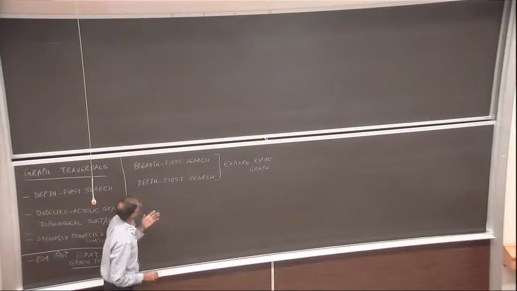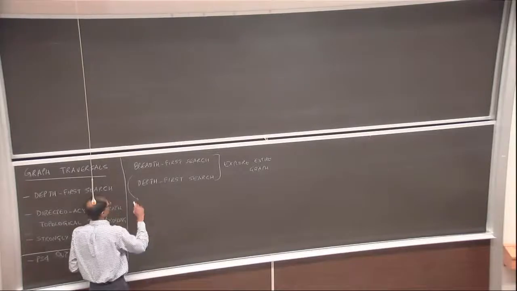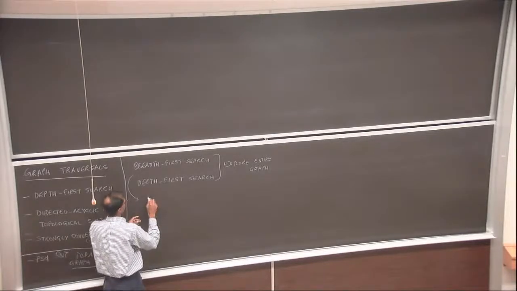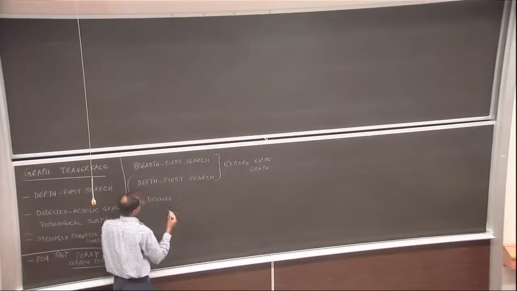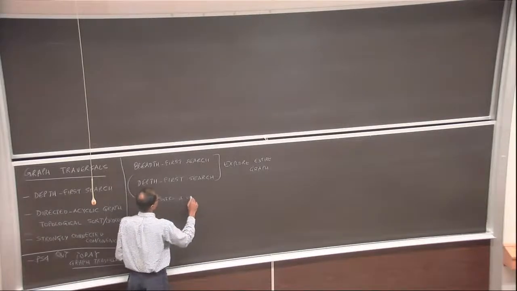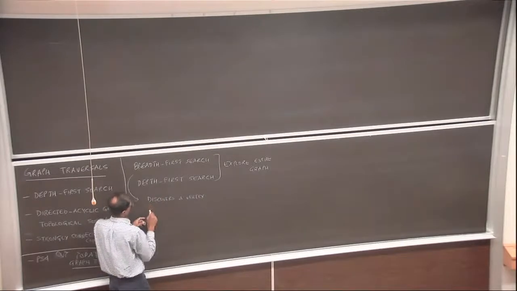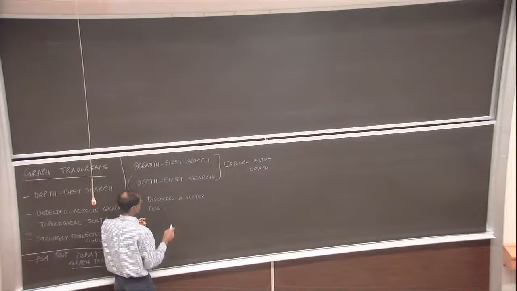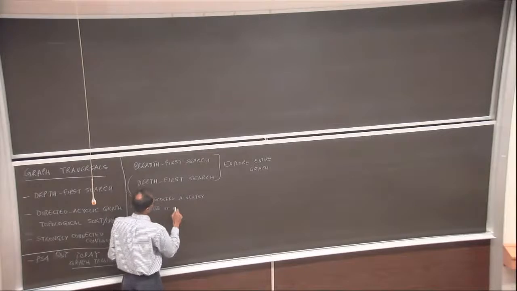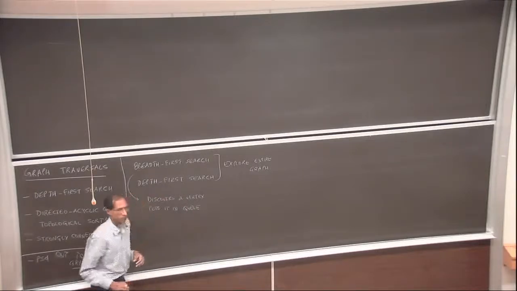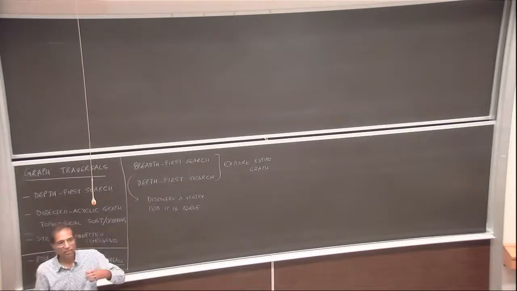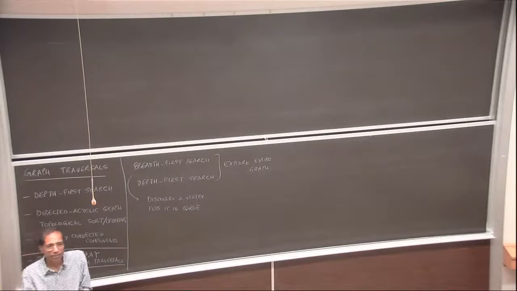The way breadth first search operates is once it discovers a vertex, it puts it in a queue. So they are visited in the order they are first discovered.